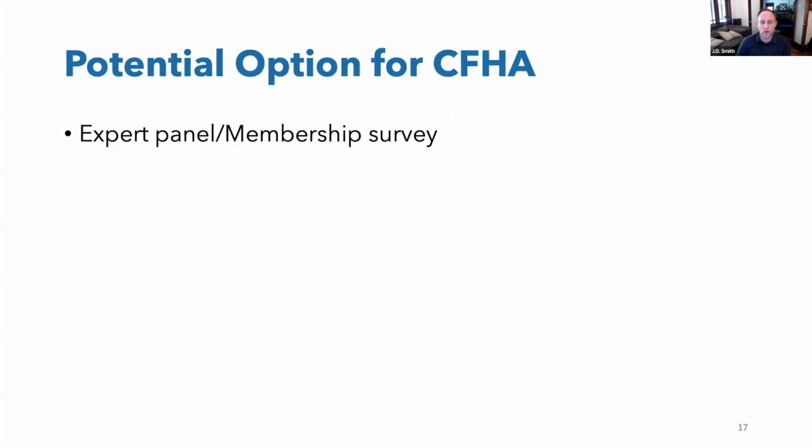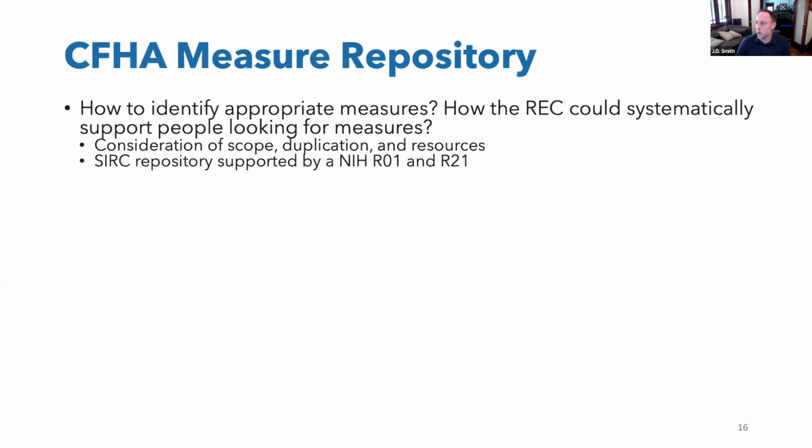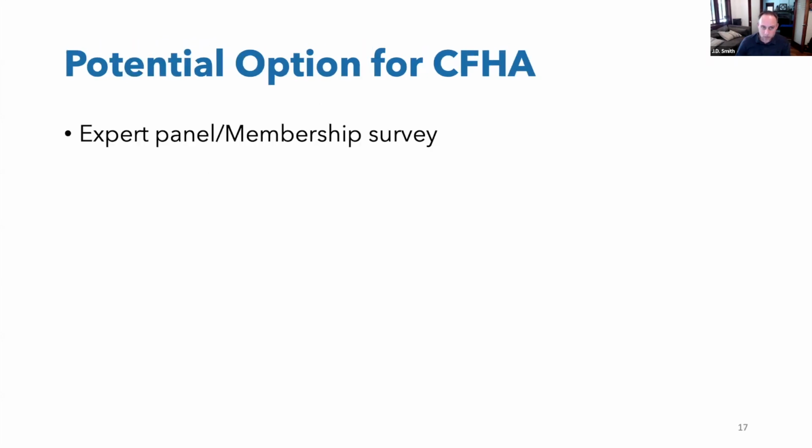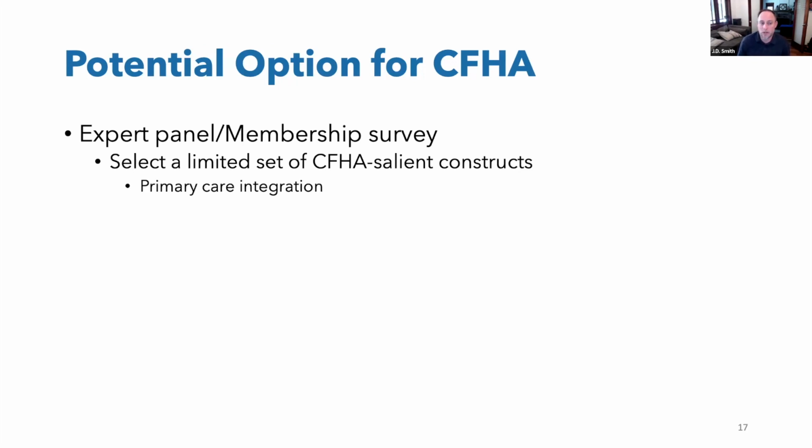So here is what I have thought of as a potential option for identification. Potentially starting with an expert panel or a membership survey to figure out what would be the salient constructs to CFHA users, right? So really narrowing it down: what things do you even want to have available in a measures repository?